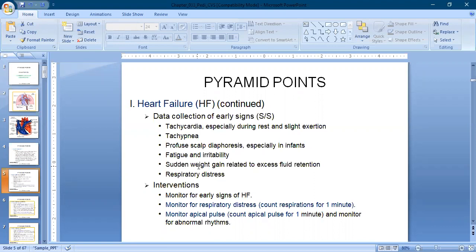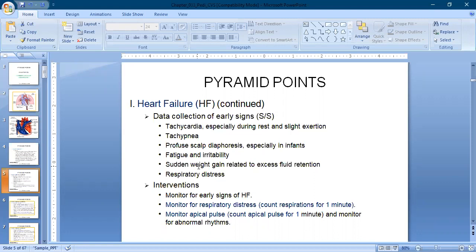If you have a heart problem, fluid accumulates in the legs and pitting edema develops. If you have a liver problem, fluid accumulates in the abdomen. It is called ascites. If your patient has a kidney problem, fluid accumulates in the face. Facial edema develops.